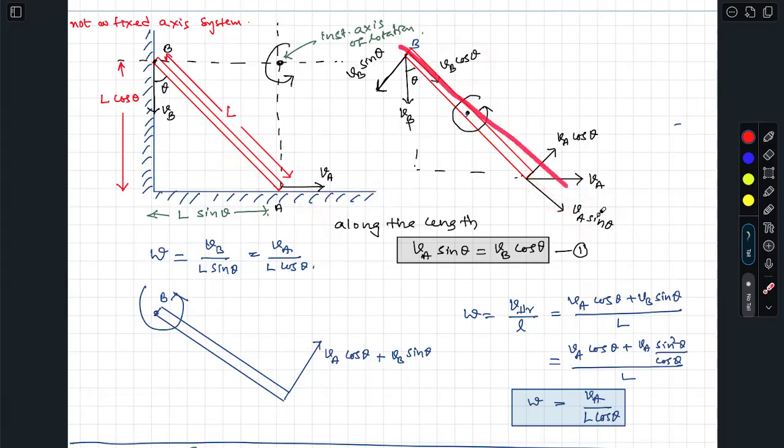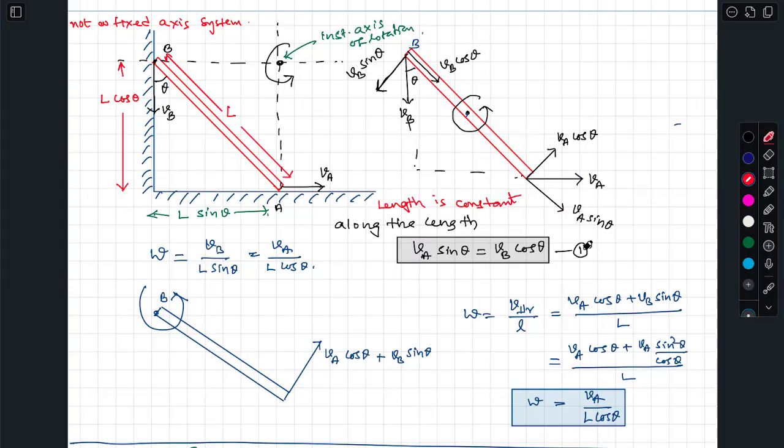Along this line, the relative velocity of separation becomes 0 because it is a rigid rod. Since the length of the rod is constant along its length, you can see that VA sin theta is equal to VB cos theta.